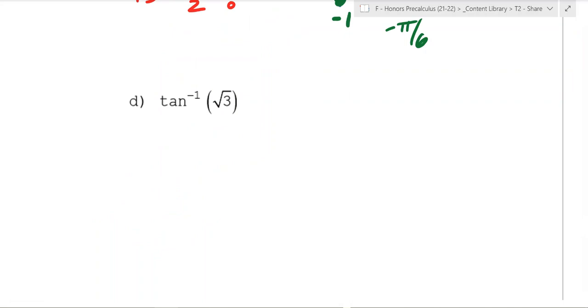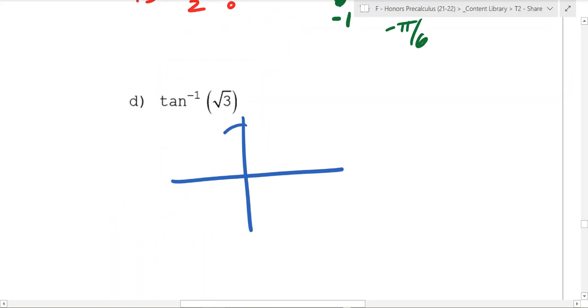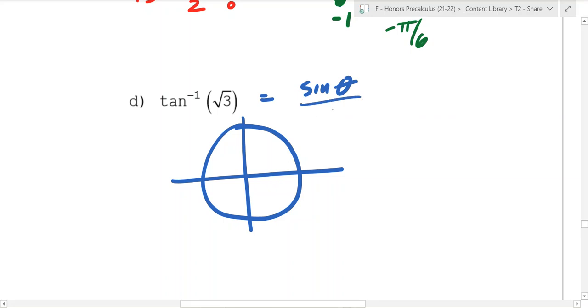It's the tangent of what angle is √3. So if you do the unit circle here, we know that tangent is sine of theta over cosine of theta. So when is sine over cosine equal to √3?